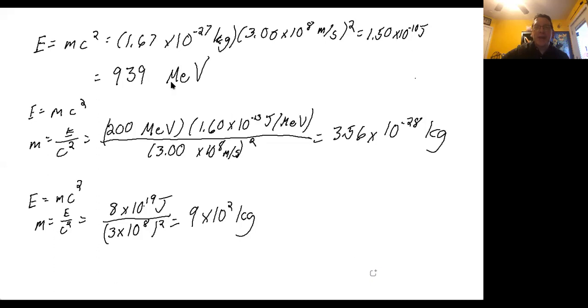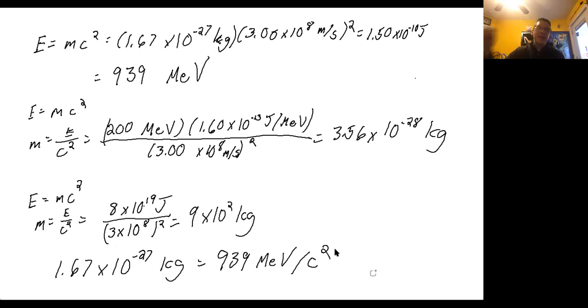You convert that to mega electron volts. So you can equivalently say that the rest mass of a proton is equal to 939 mega electron volts over c squared. So 1.67 times 10 to the negative 27 kilograms is equal to 939 mega electron volts over c squared.